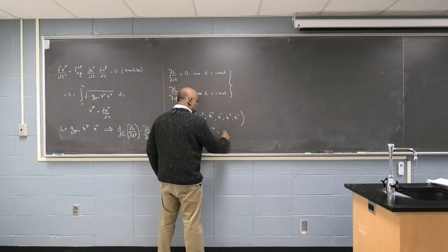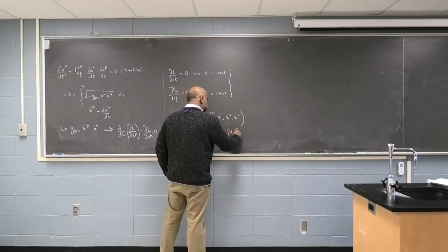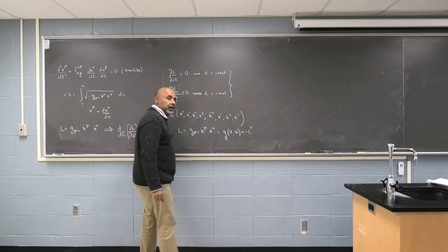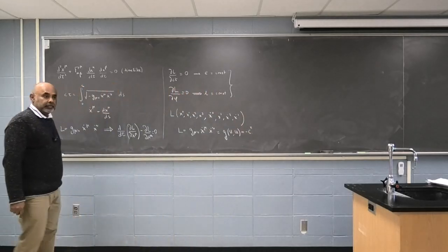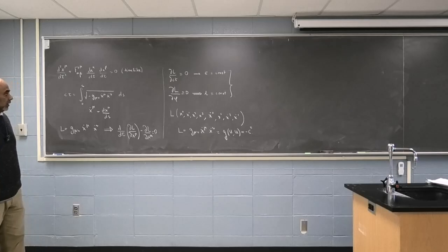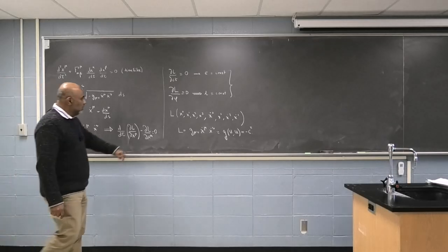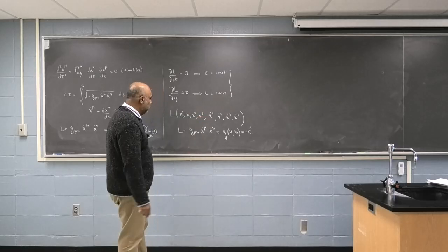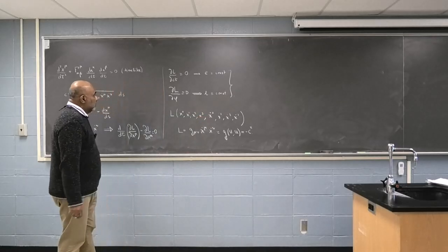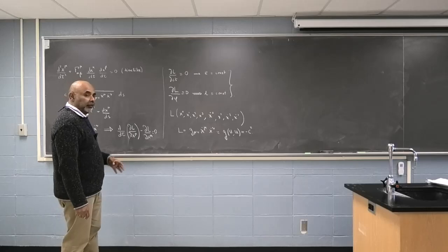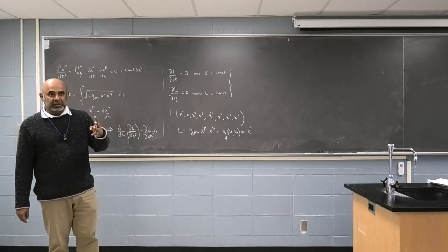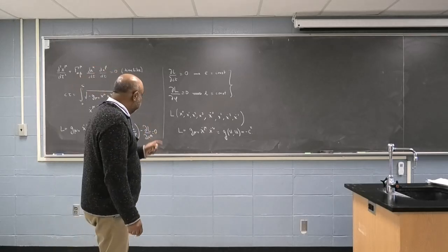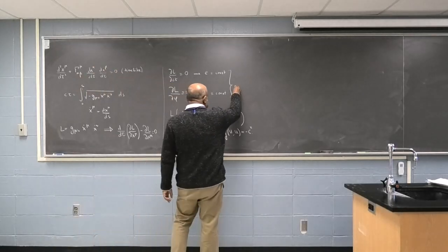Remember, this is nothing more than u dot u, which again for time-like particles is minus c squared. 3 vector or 4 vector? 4 vector. It's 0, 1, 2, 3, so 4. So there are 4 unknown coordinates, x0, x1, x2, x3, but there are 3 conserved quantities.